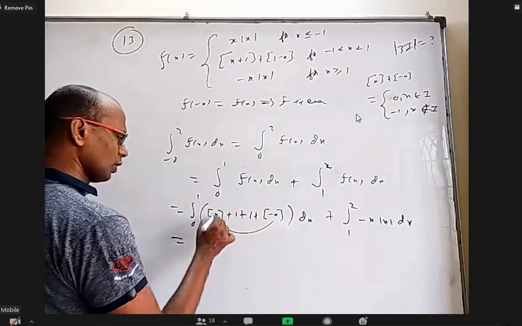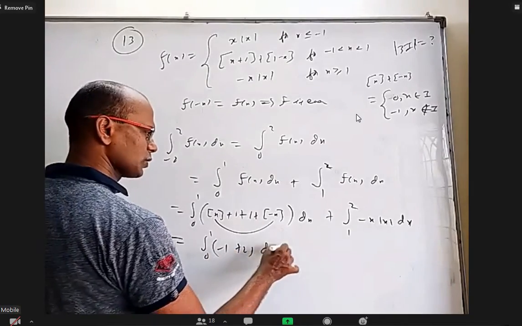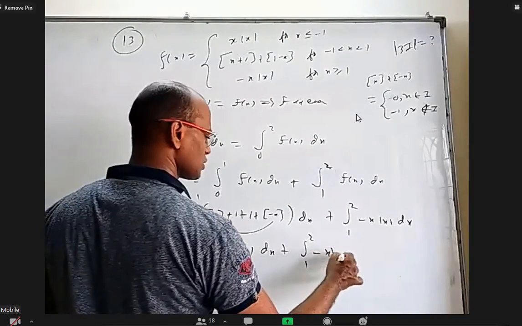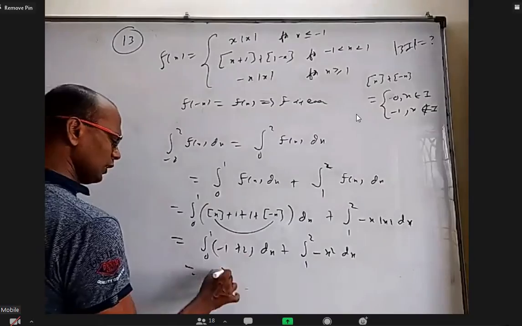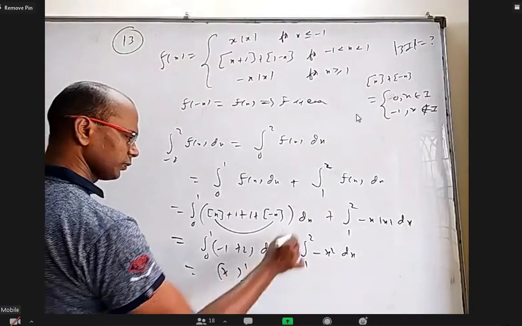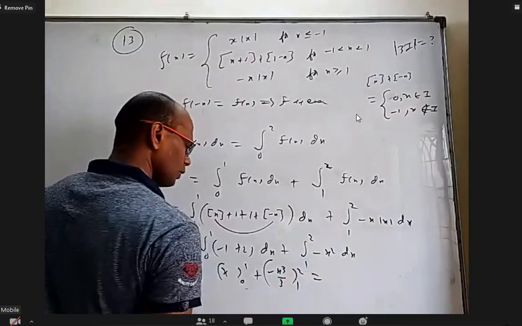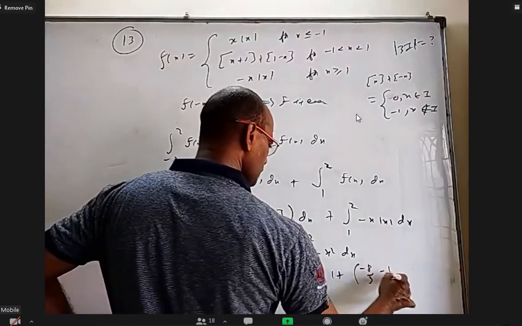So between 0 to 1 it will be minus 1, plus 2, dx. This is 1 to 2, which is positive, so minus x square dx, because mod x I can write as x. This is simply 1, integral is x from 0 to 1. So this is minus x cubed by 3 from 1 to 2. So this is 1, this is minus 8 by 3 minus 1 by 3.